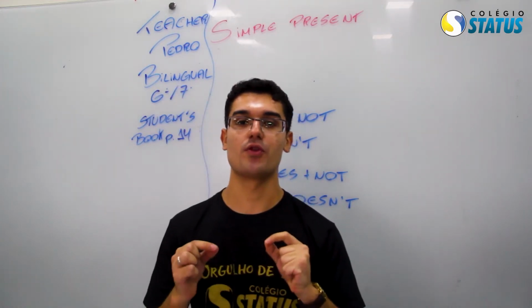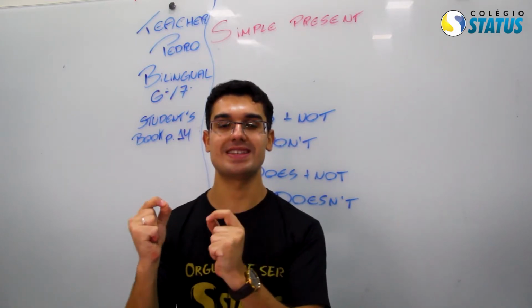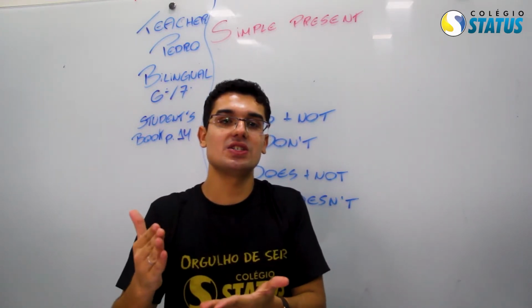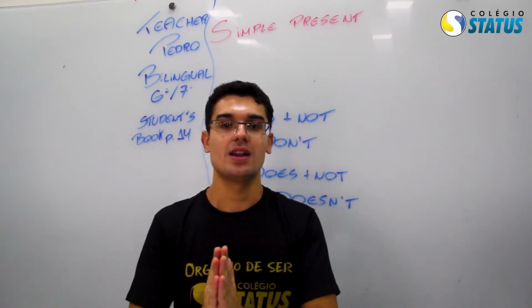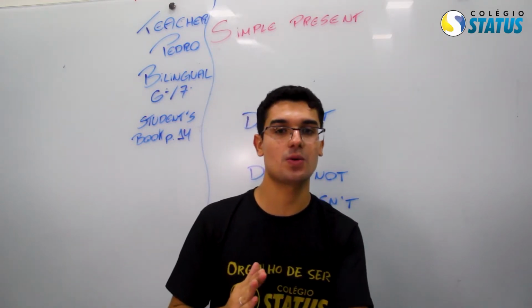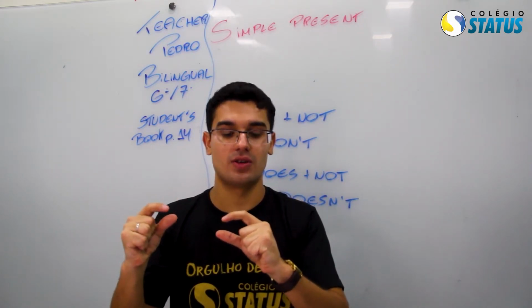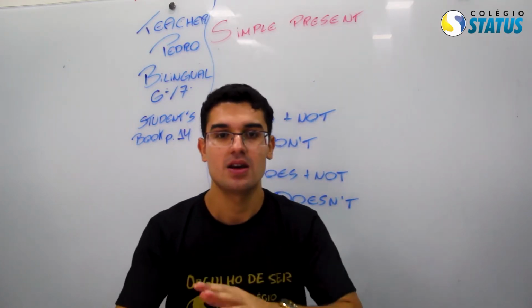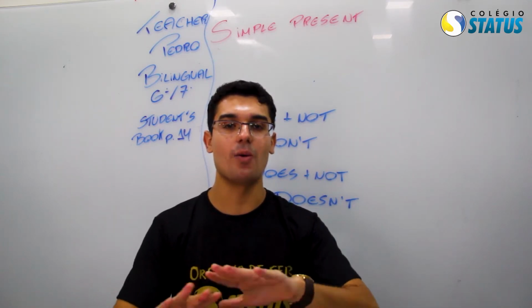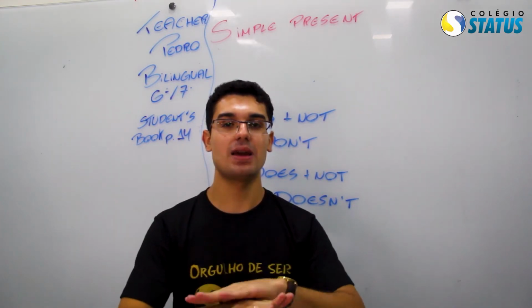Agora, adverbs of frequency. É a frequência com que a gente faz as coisas. Esses advérbios, eles indicam se a gente faz sempre, só de vez em quando. And we have this special table for us, okay? Let's see. Always, 100%. Always é sempre, 100%.